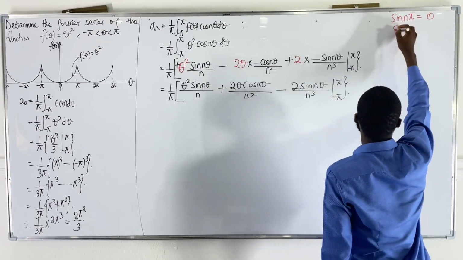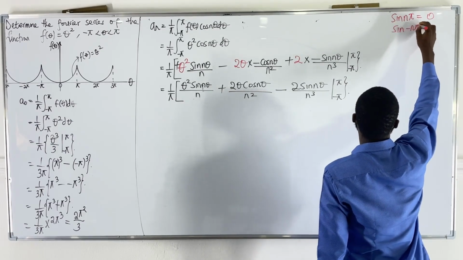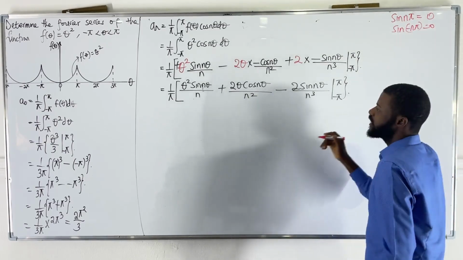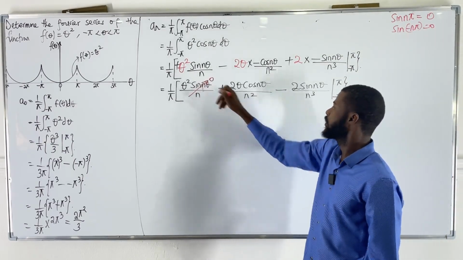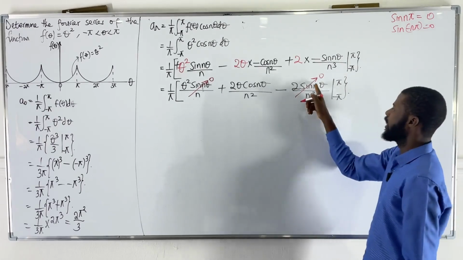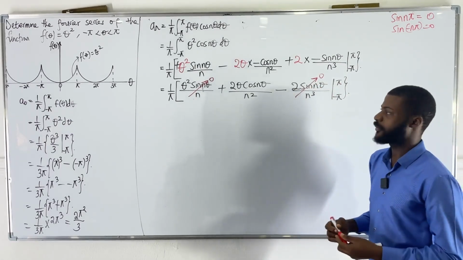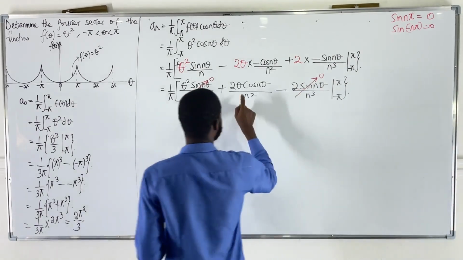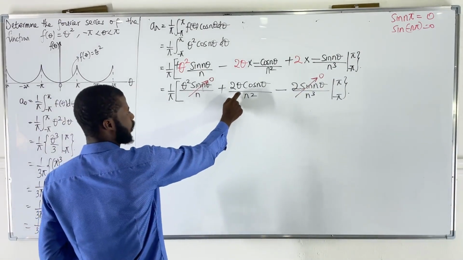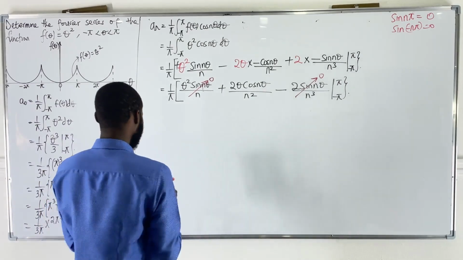Sine n pi is 0. Sine of minus n pi is still 0. So this will give me 0. This will also give me 0, because whenever I put the limit of integration into them, the sine part will be giving me 0. So that guy is gone. This is the only useful one here.